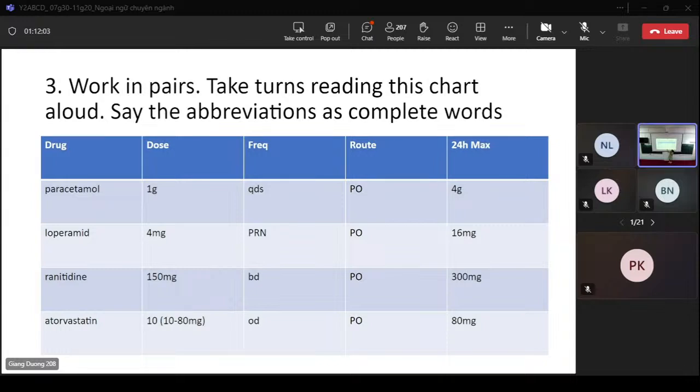Now, please 5 minutes. Try not to look at exercises 1 and 2. Just look at exercise 3 and remember the meaning of these abbreviations. Now 5 minutes for you.